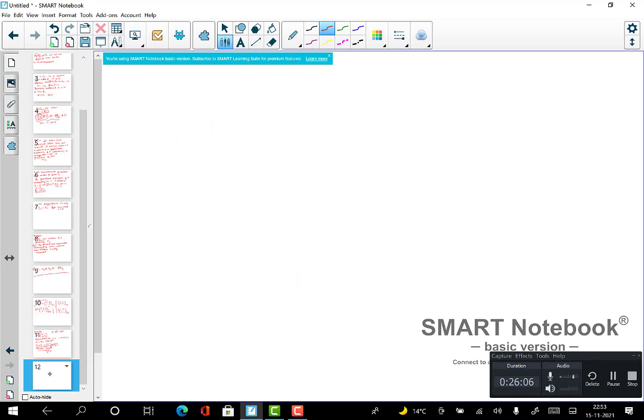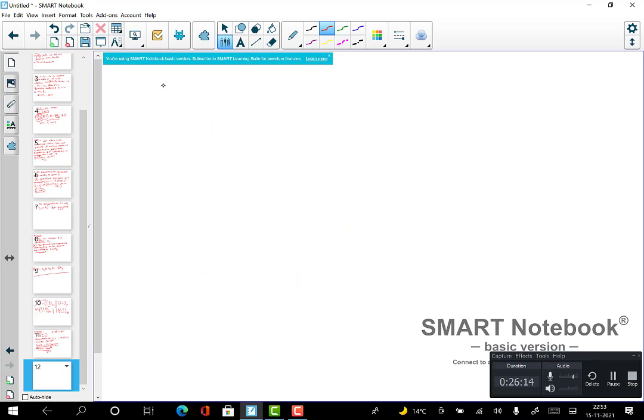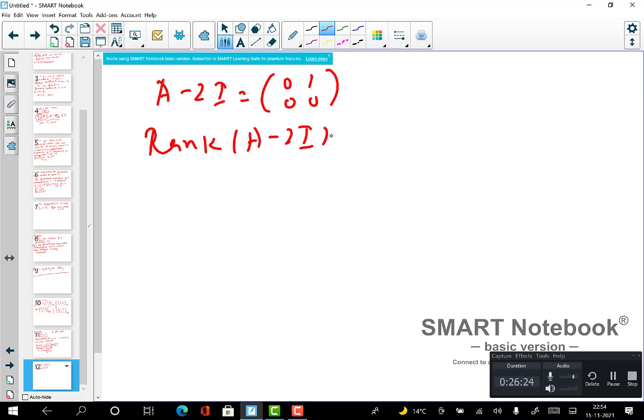But let us come to the geometric multiplicity. So what is the geometric multiplicity of 2? From here, you see that A minus 2I is of the form 0 1 0 0. So what does that mean? That means the rank of A minus 2I is actually 1, right?